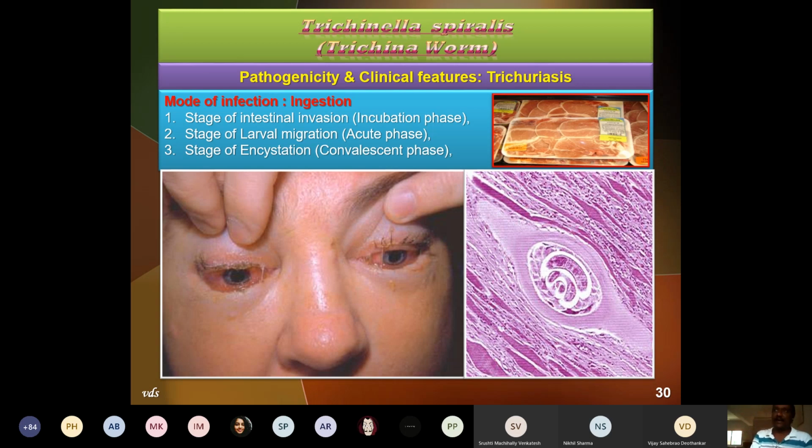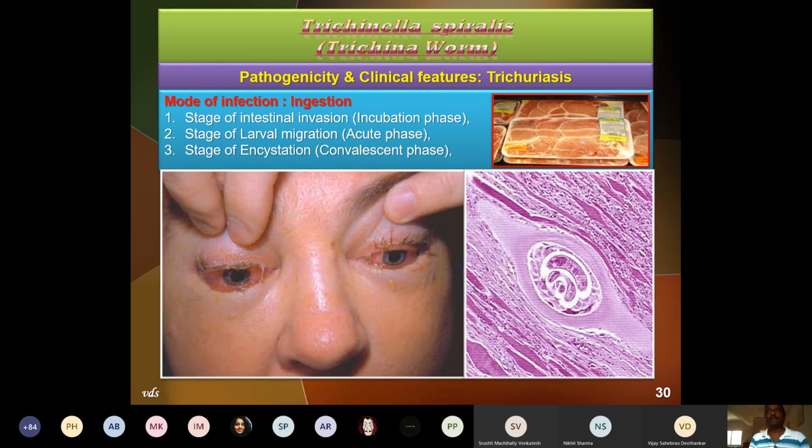Irritation and scratching at the site of migration of the larval form may be seen in this case. And because this parasite is growing and metabolizing in the blood vessels, this may lead to release of toxic metabolites that may lead to anaphylactic reaction.